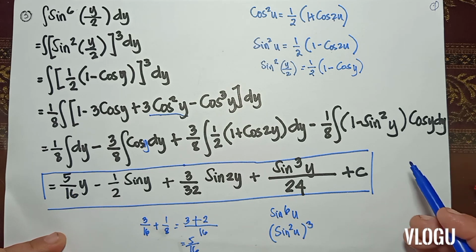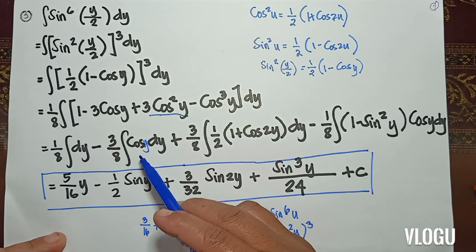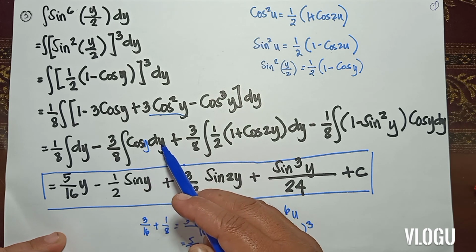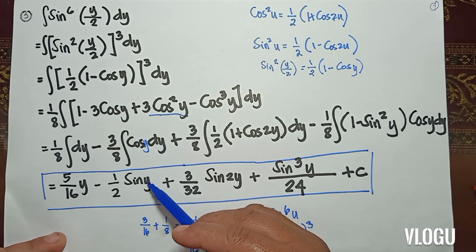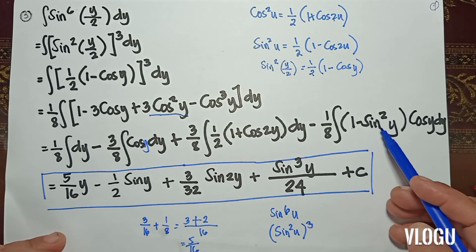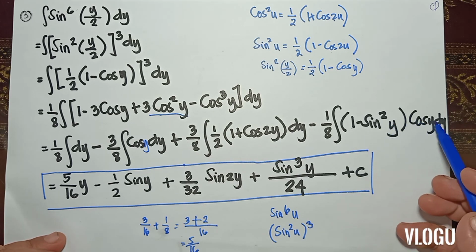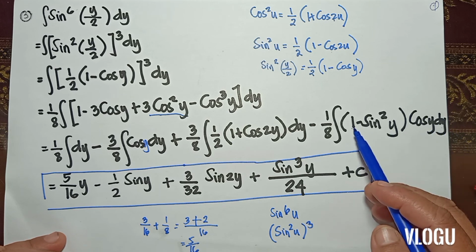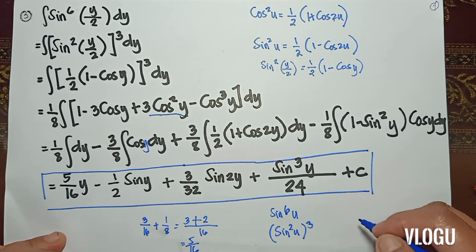And then the integral of cosine y dy is sine y. Then you will have negative 3/8 integral of cosine y, that is sine y.